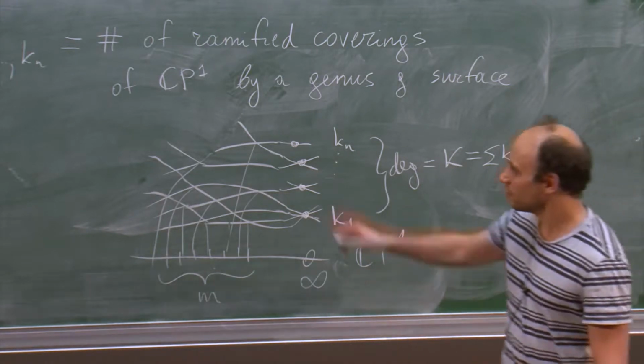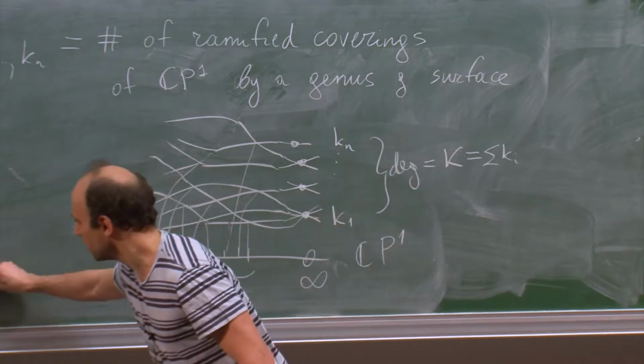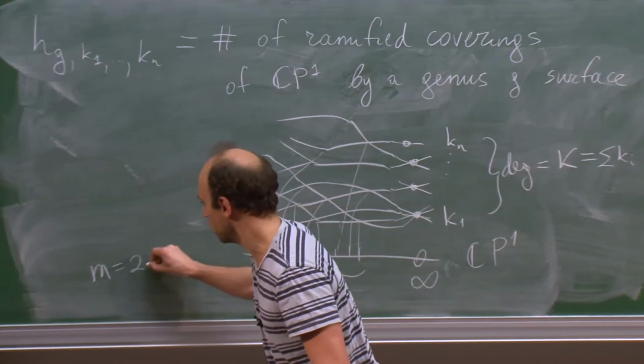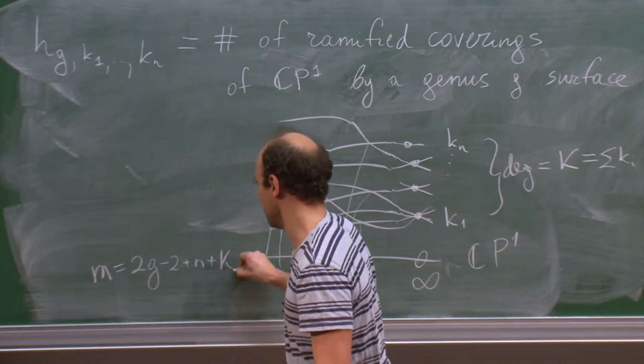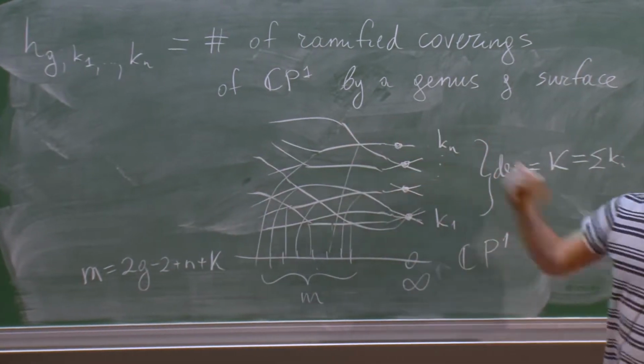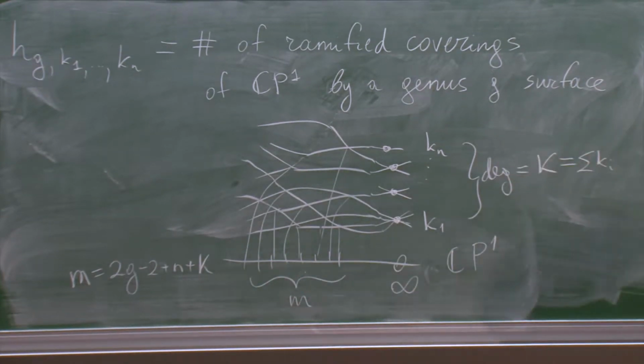You can believe me, or you can compute the Euler characteristic and check that this number m should be equal to 2g minus 2 plus n plus K. If you want this surface to be of genus g, that's the number of simple branch points that you have to fix.